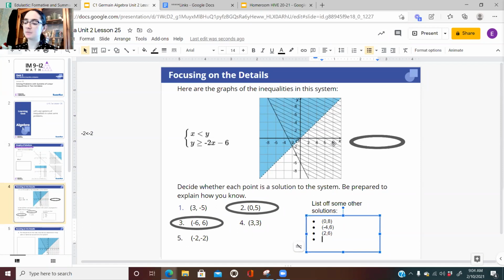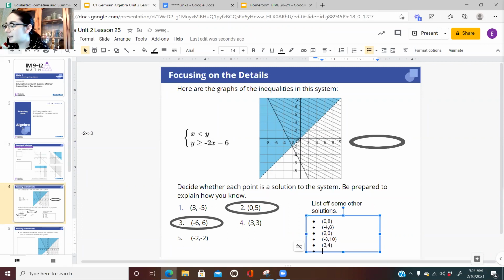Nice job, Max. Max got -8, 10. Very good. It would fall right up here on the solid line. Connor said 3, 4, over to 3, up to 4. Very good, Connor.